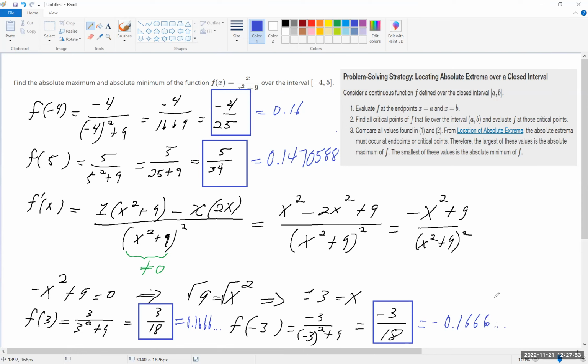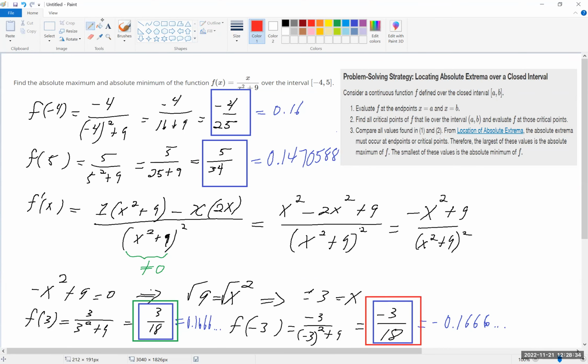Therefore, the biggest one is going to be this value. And the lowest one, colored in red, is going to be this number here.